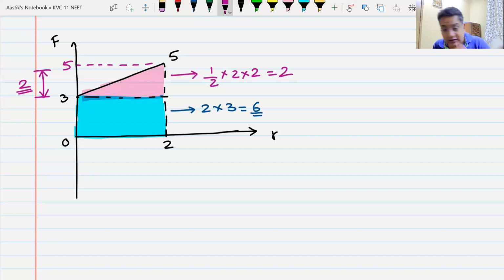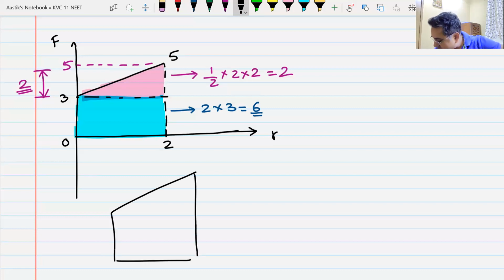That is the answer. You could have done it in this way, or you could have treated this entire thing as one trapezium. You can see that it is nothing but one trapezium like this. Yes or no? So you could have found it like this: half into sum of parallel sides. One parallel side is 3, the other parallel side is 5.